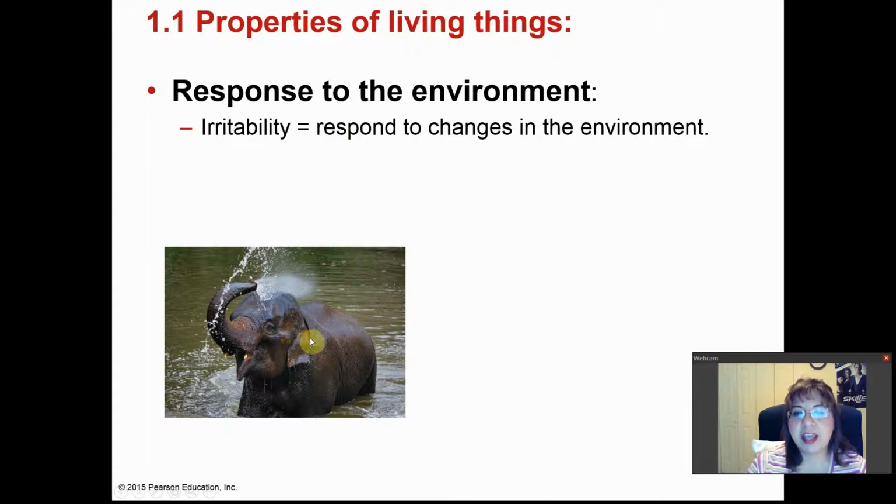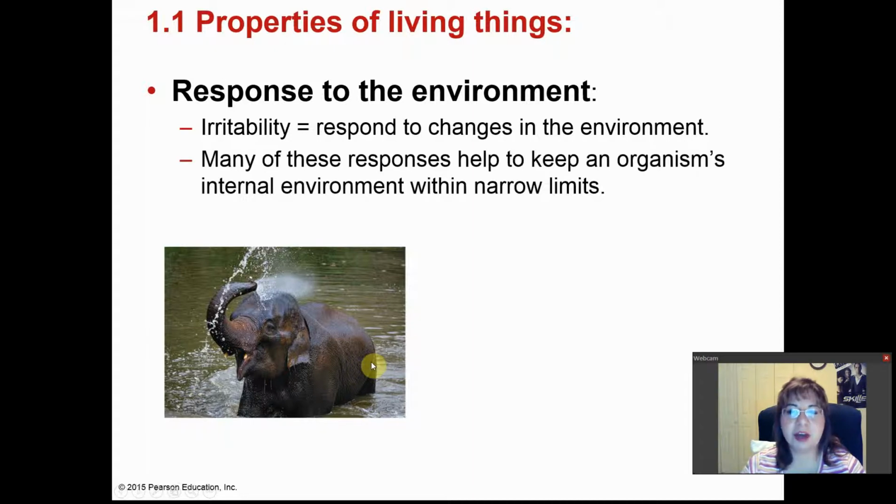In the case of animals, our body temperatures have to be tightly controlled. If we get too hot, we need to find ways to cool ourselves off, either by perspiring or using what's readily available to us in the environment. The reason irritability is so important is because we have inside of us a very narrow limit of what we can tolerate.